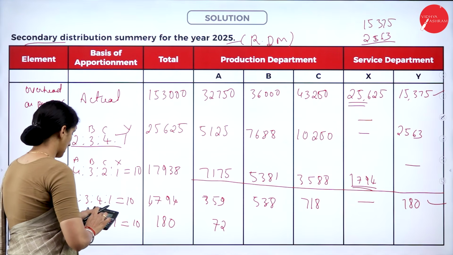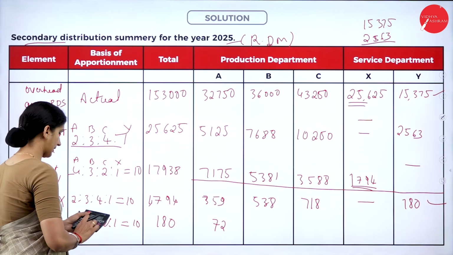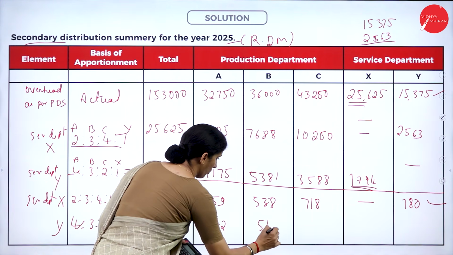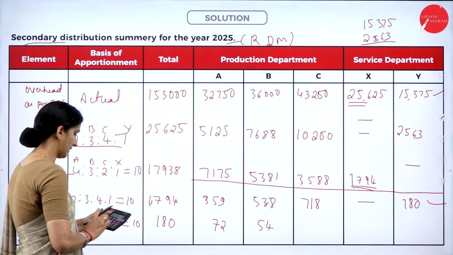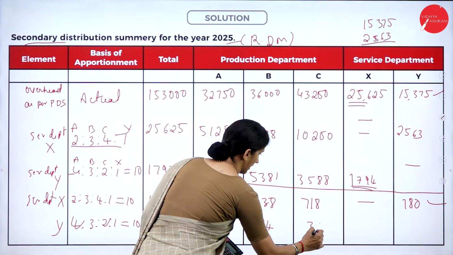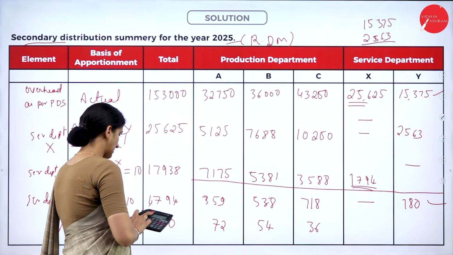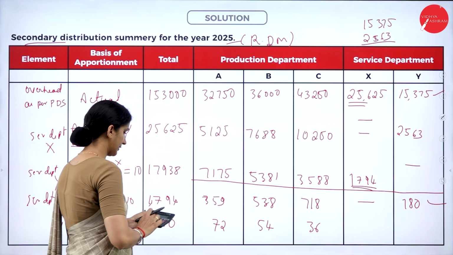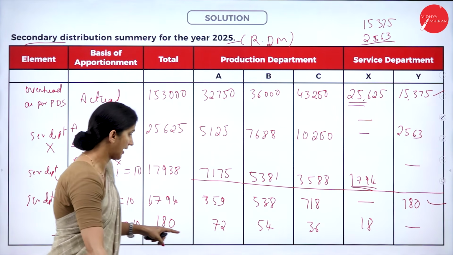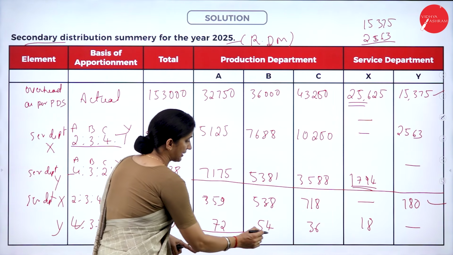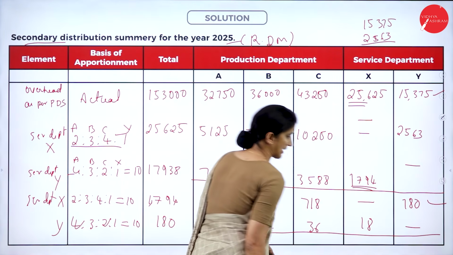Then 180 into 3 divided by 10, it is 54. Then 180 into 2 divided by 10, it is 36. Then 180 into 1 divided by 10, it is 18. So again, we have done the second redistribution of X and Y.